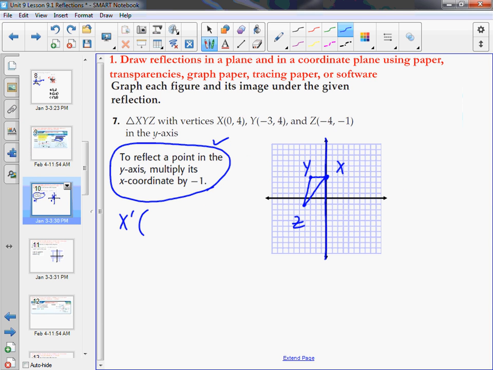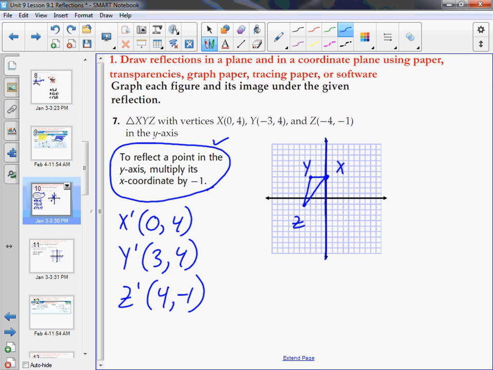So, since our line of reflection is the y-axis, we multiply the x-coordinate by -1. Well, 0 times -1 is still 0. The y-coordinate stays the same. You get X prime. -3 times -1 is +3. The y-coordinate stays the same, to get Y prime. Negative 4 times negative 1 is positive 4.